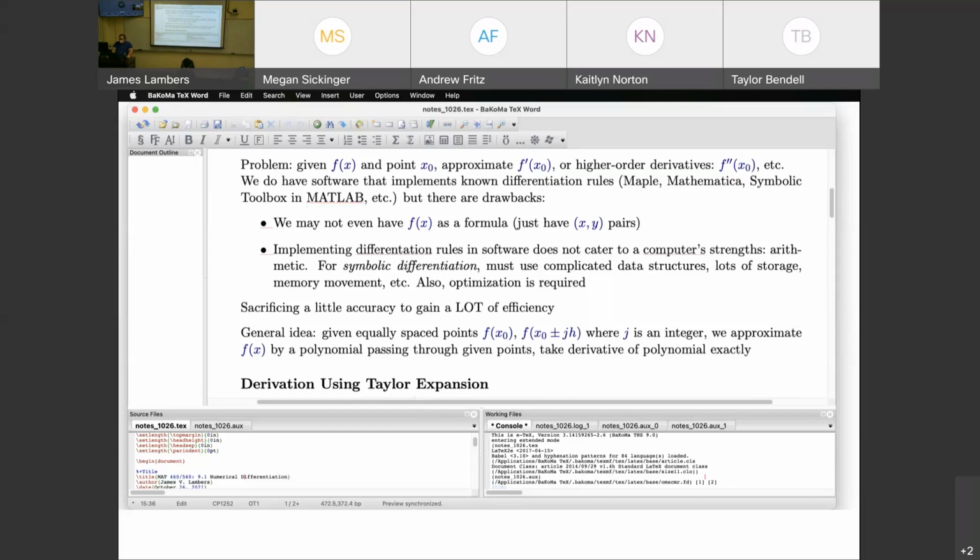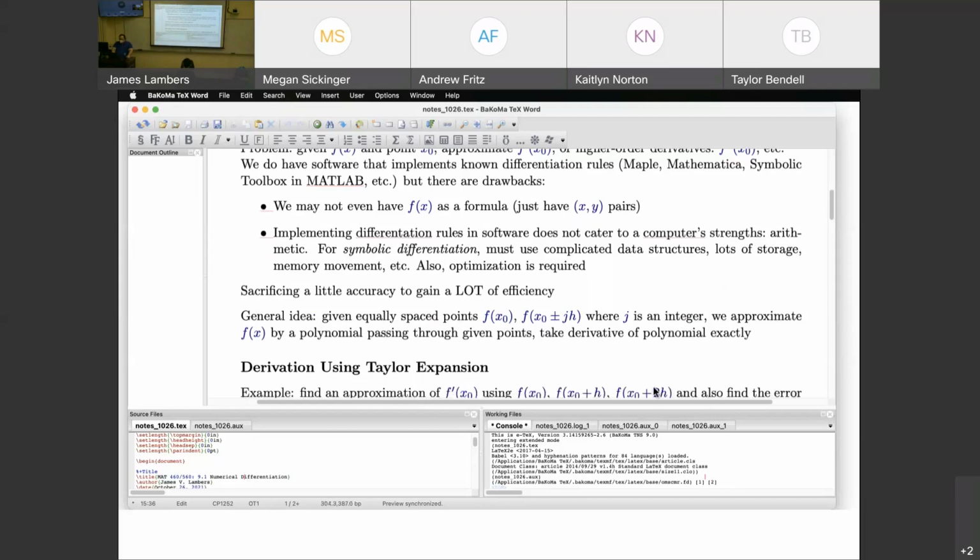So the way this works is if we have values of our function f at equally spaced points, so at x0 itself and then x0 plus or minus jh, so spacing as an integer multiple of h, you can think of h as being like the delta x, then we can interpolate f by a polynomial that passes through these points, and then take a derivative of the polynomial exactly.